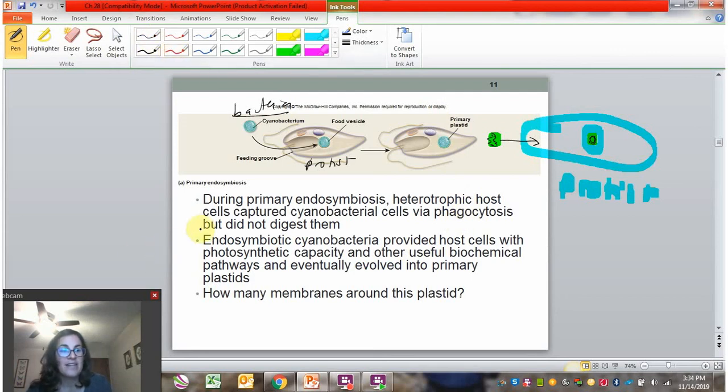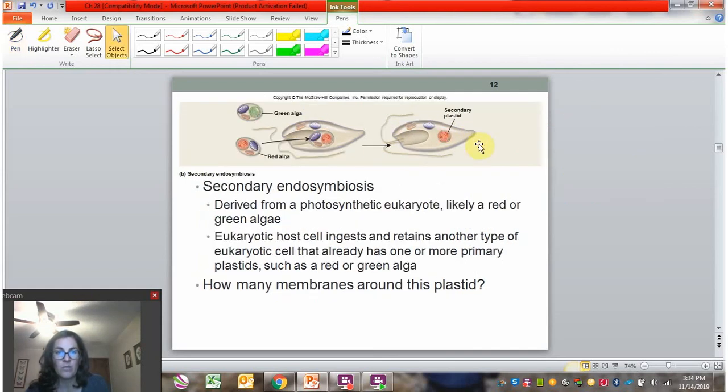Okay, so that's what we have focused on before. However, secondary endosymbiosis can happen. So basically, imagine if this protist then gets eaten. Keep in mind that this protist ate the bacteria, but now we're imagining what would happen if this protist got eaten. And just take a look at this guy here, because we'll see it in the next picture as well.